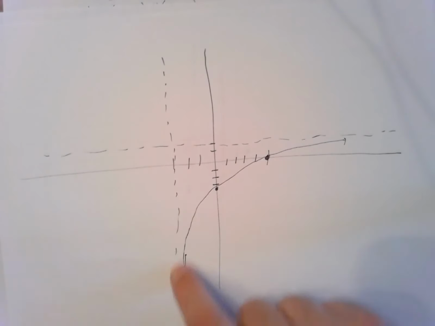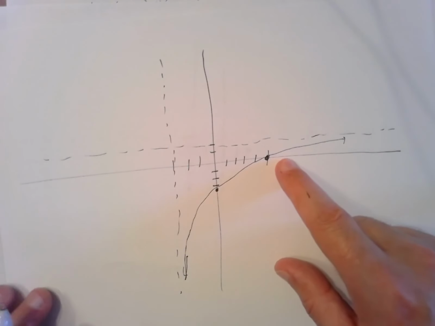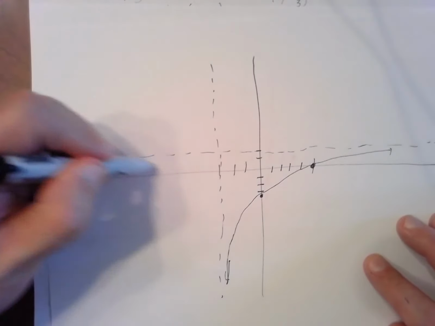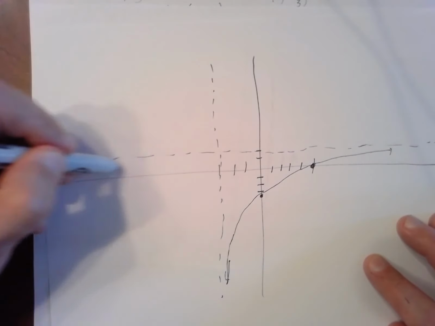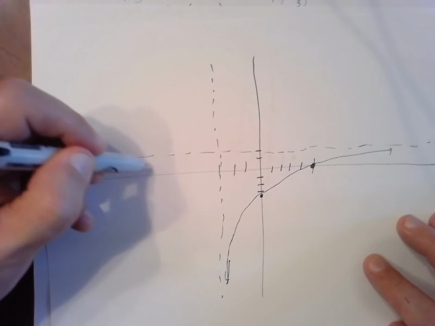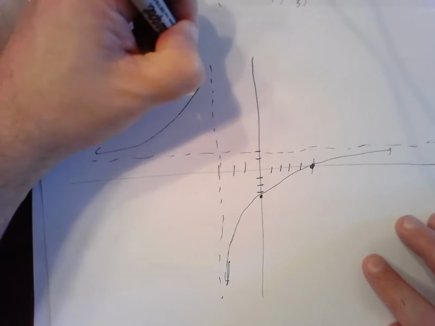It's got to hug both of these asymptotes. It has to pass through the points that I already have. Back here in this section, the graph cannot possibly live underneath because if it did, there would be an x-intercept right there, and there's not. The only possibility is that the graph lives up here in this corner.